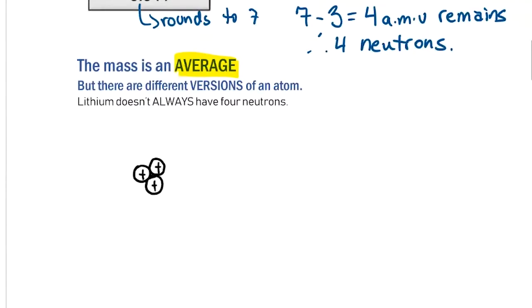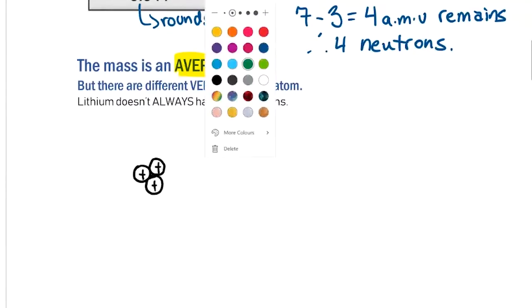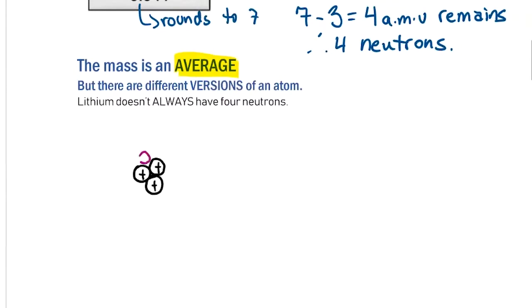I'm going to draw the neutrons in, oh, I don't know, that's a nice color. And of course, you should all be able to tell me that lithium will have 2 shells, because it's in the second row of the periodic table. You should be able to tell me it should have 3 electrons total. So that is a typical lithium atom.